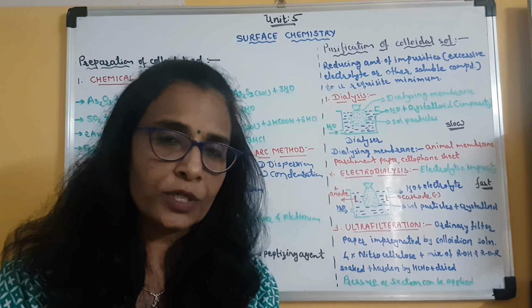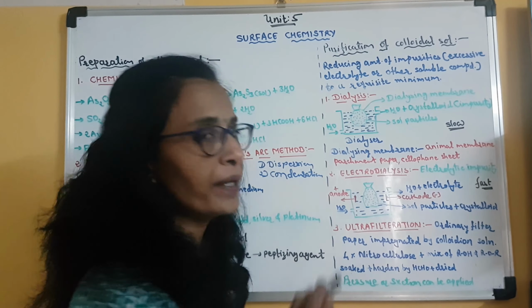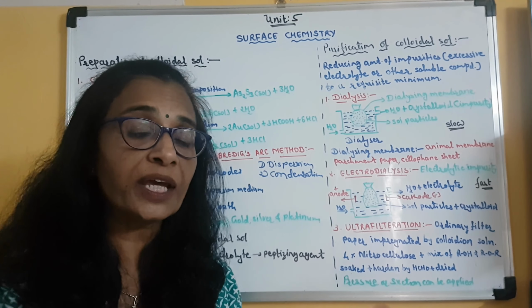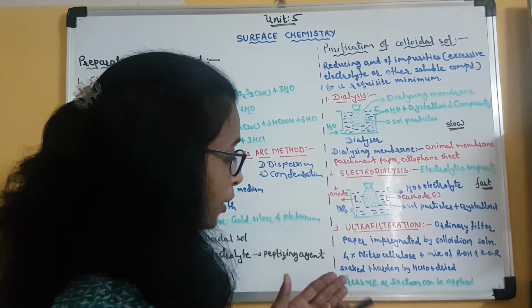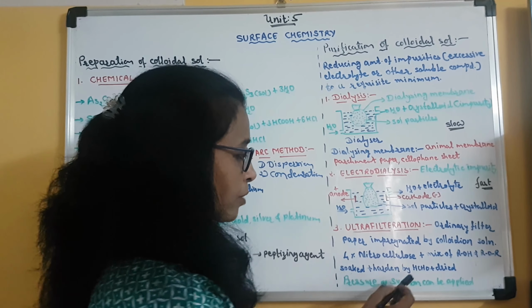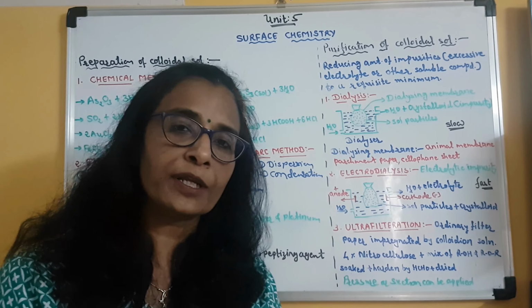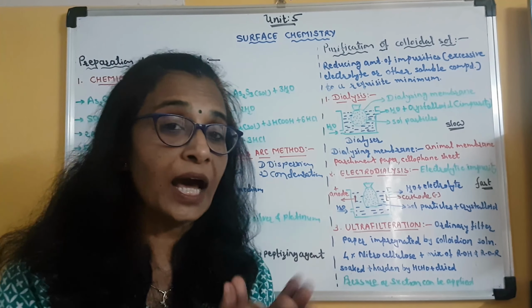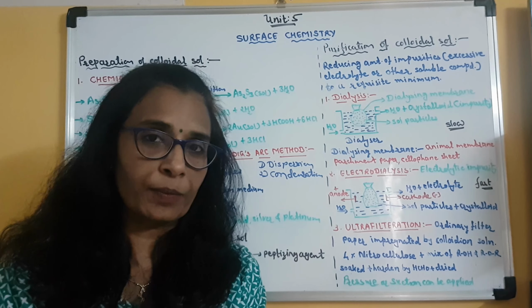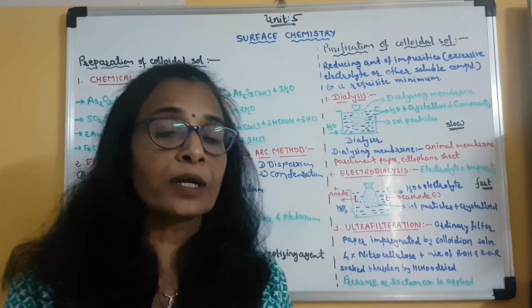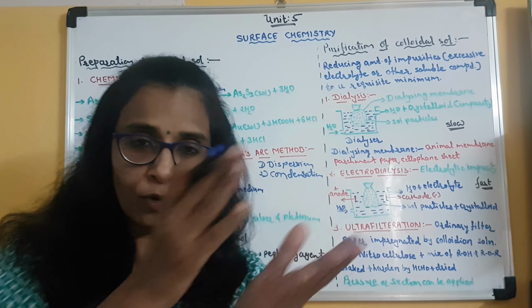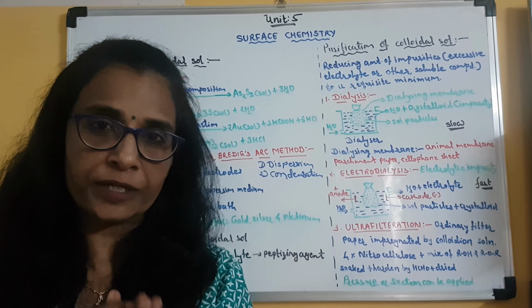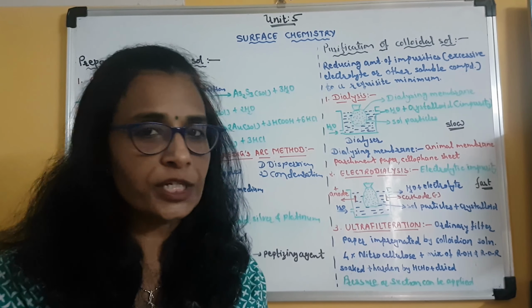Then it is taken out and hardened with formaldehyde, HCHO, commonly known as formalin. In order to harden the filter paper, formaldehyde is used and then that filter paper is dried. These are called ultrafilter papers. Now in ultrafilter paper, pore size is reduced compared to ordinary filter paper so that colloidal particles cannot pass through it. And then the filtration is carried out.